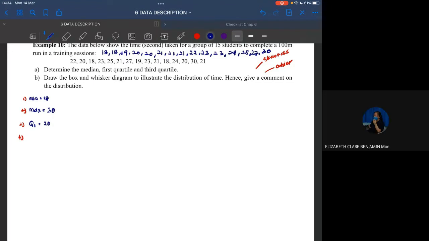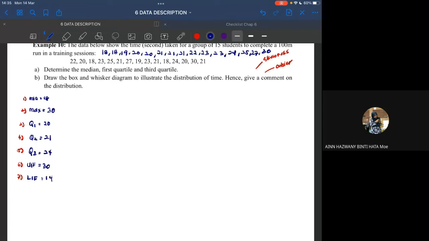Q2 sama dengan 21. Q3 sama dengan 24. Upper inner fence 30. Lower inner fence 14.